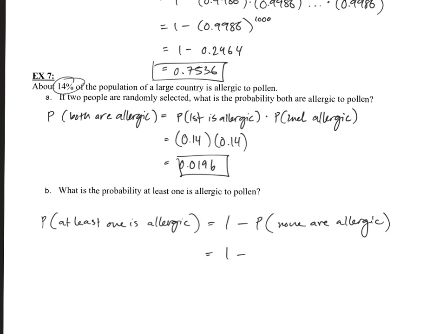Well, we know 14% are allergic. So let's rewrite the probability none are allergic as the probability the first is not allergic times the probability that the second guy is not allergic.